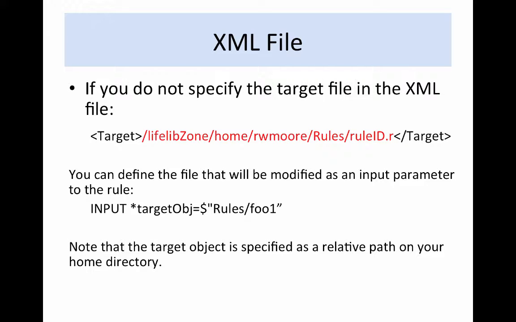Modify the input line to specify the value for target object to the file that you want to have the metadata added to. Note that the target object is specified as a relative path to your home collection on the input line of the rule.